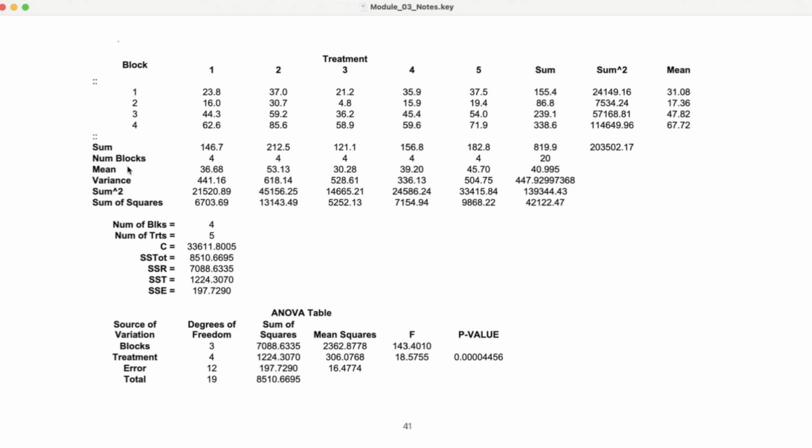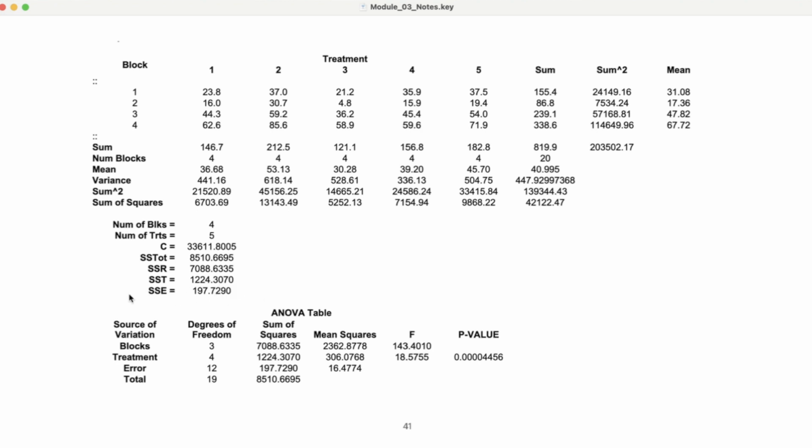I've got the summary statistics for each of the columns. I also have summary statistics for the rows, and I have a few extra summary statistics in here, but I certainly have the ones that I need. Then using those calculations, I calculate the correction factor C, the total sum of squares, the sum of squares associated with blocks, the sum of squares due to treatments, and then from that I can get the sum of squares error by subtraction.